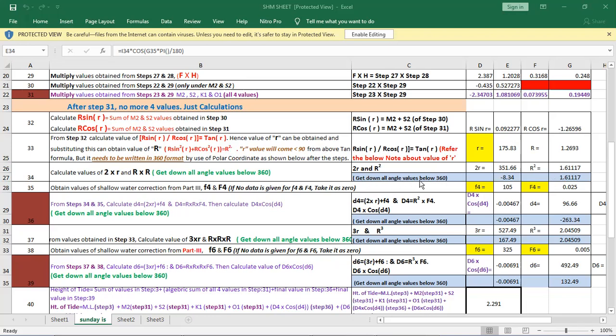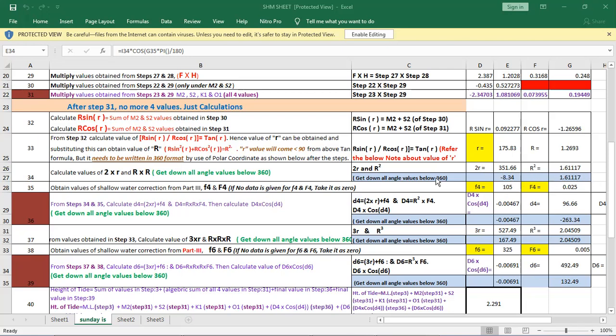And all these values should be below 360. So small r, since it is less than 90, but we are calculating in polar coordinates, when you are multiplying by 2, it will sometimes get more than 360. So that time you need to subtract it from 360.